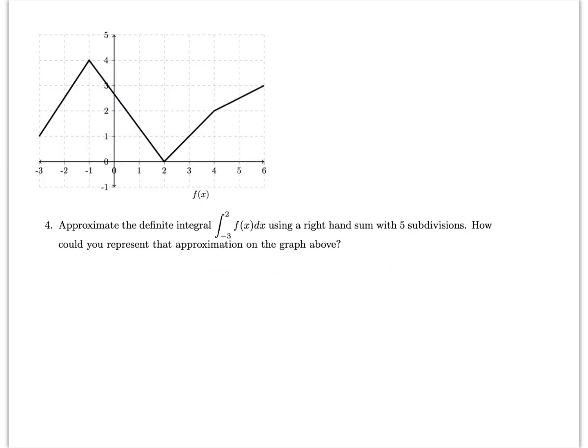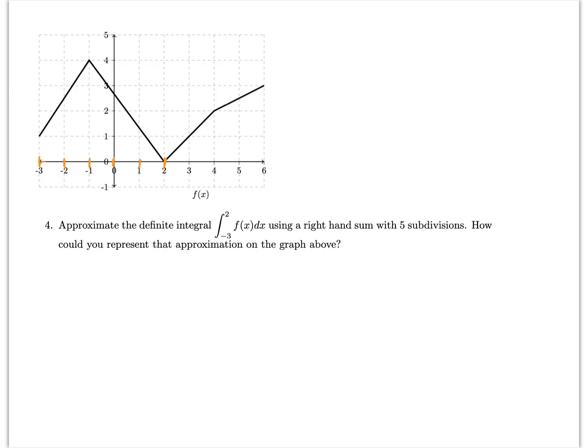And number 4, now I'm going to approximate the same integral from -3 to 2 of f of x dx with a right-hand sum with 5 subdivisions. So I'm going to mark -3 and 2, and break it into 5 equal subdivisions. I'm going to build a rectangle over each one, but this time the height of the rectangle is going to be the height of the function at the right-hand endpoint.